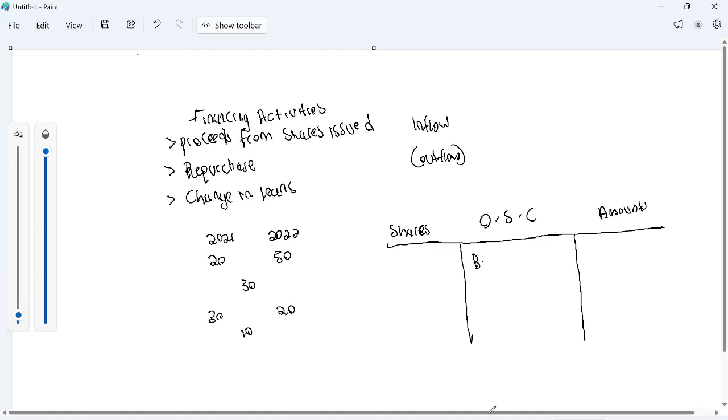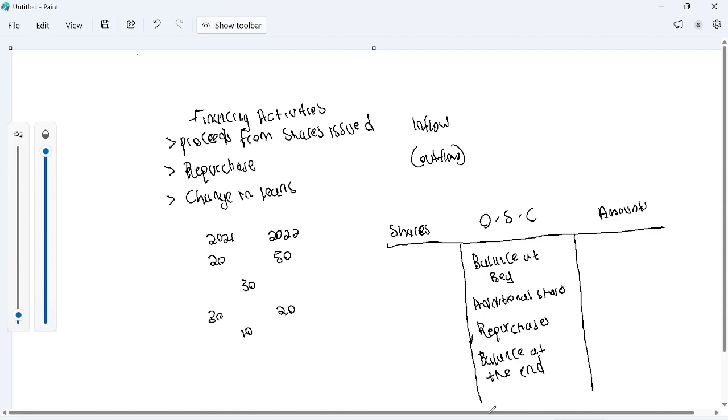Here is the balance at the beginning, then additional shares issued, then our repurchases, and then the balance at the end.